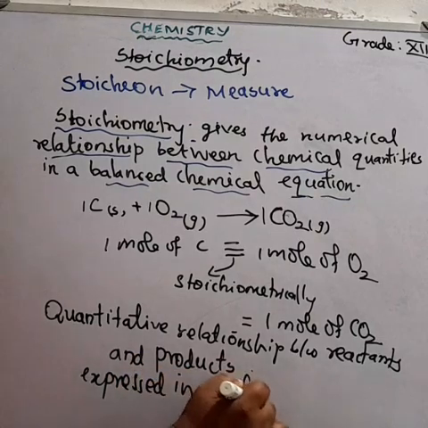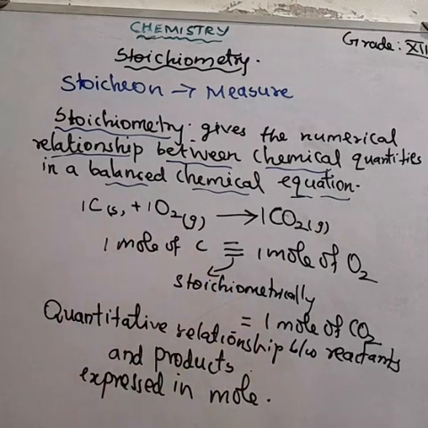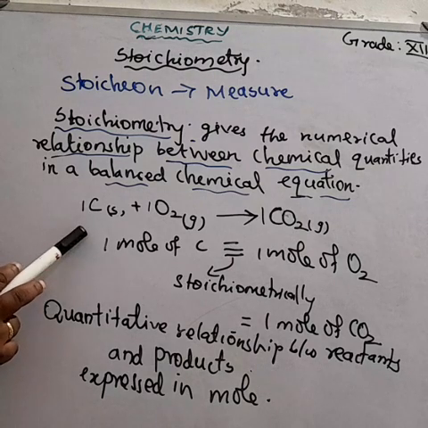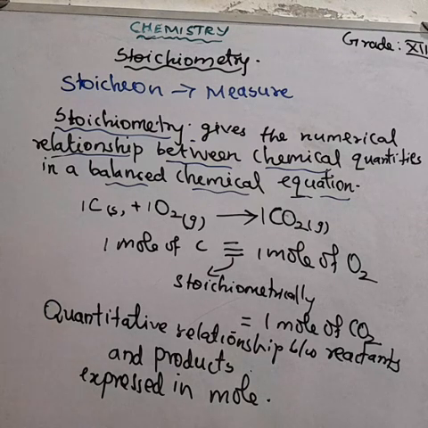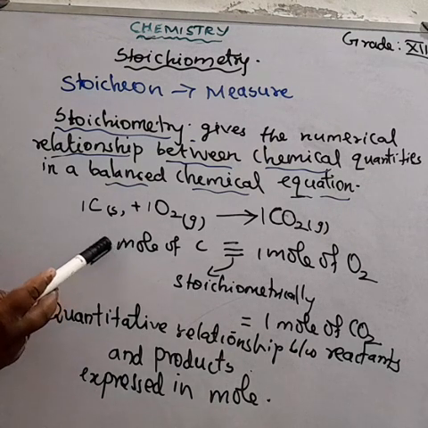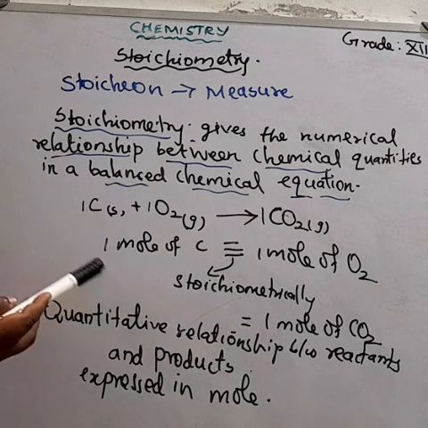The quantity means how much amount: 1 mole or 2 moles. In terms of mass, it is the quantity of reactant and product in grams, for example 1 gram of oxygen, 1 gram of carbon. Or as volume, meaning how many liters.